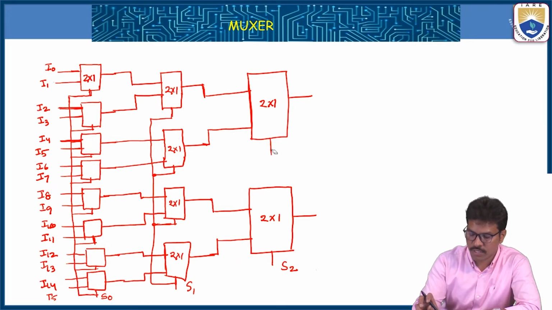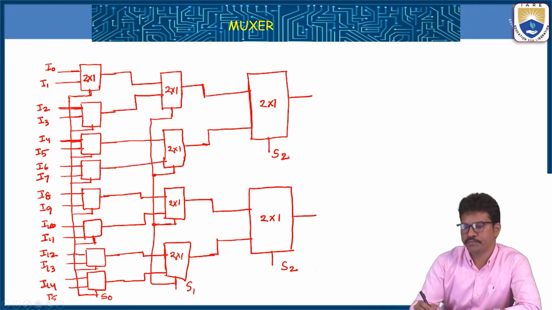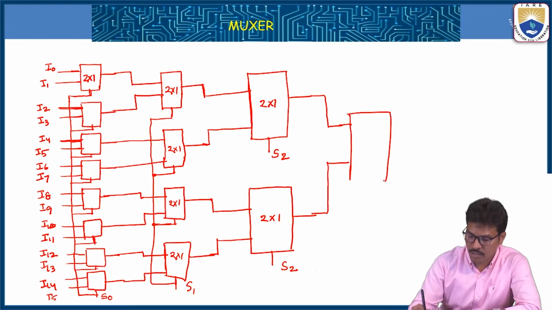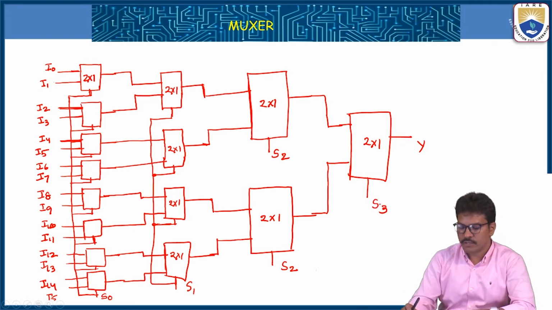In order to avoid confusion, I am using the same name S2. So these two are connected at the final stage, which requires only one 2 by 1 multiplexer, whose output is called Y. You can take this select line as S3.